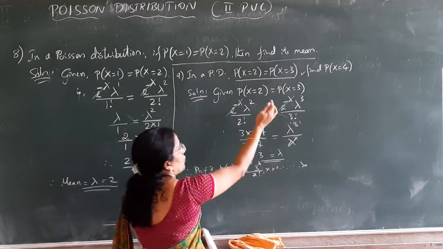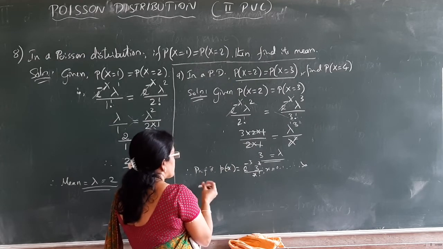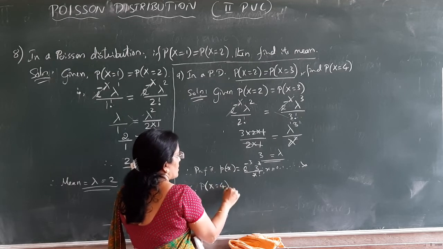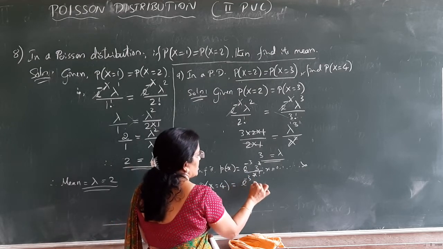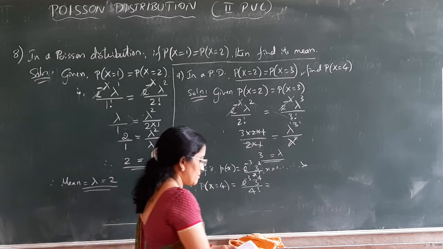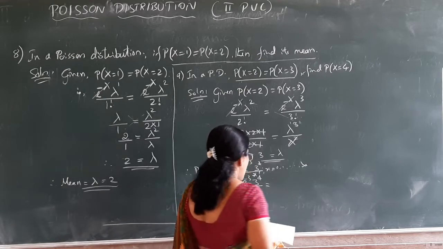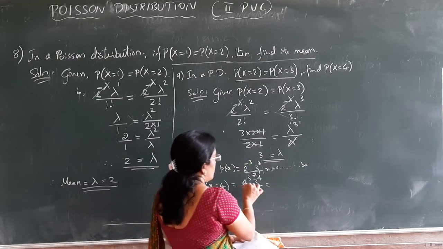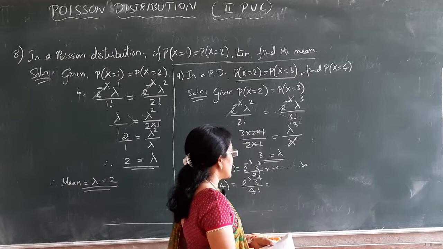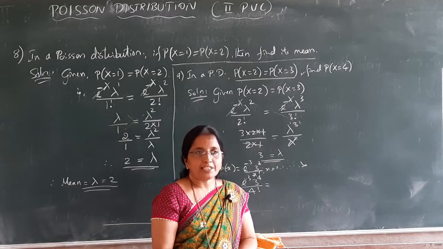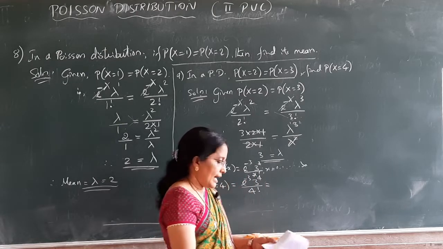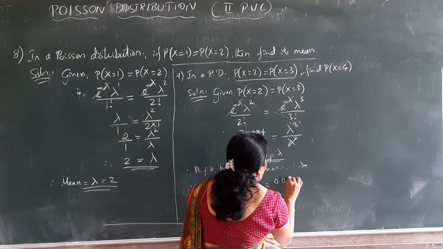Now put x equal to 4 in the probability mass function, that is P of x equal to 4 is equal to e power minus 3, 3 power 4 divided by 4 factorial. In the last class, I told how to get the values of e power minus lambda from the table. So here we must find e power minus 3 from the Poisson table, and the value is 0.0498.